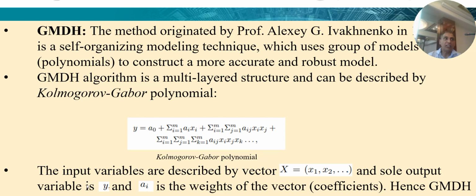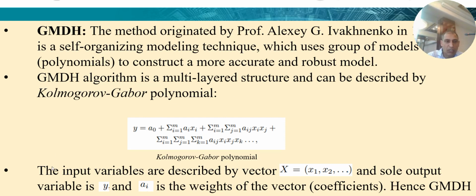In our data set there are about 29 different parameters which we can use as input, and we have one target, the downhole pressure, to predict.